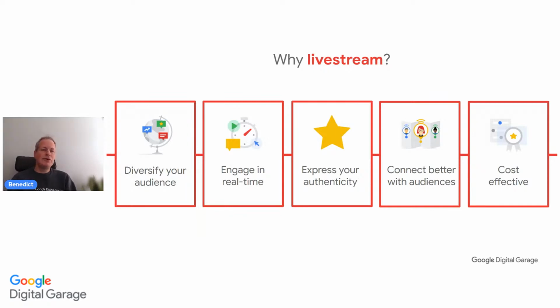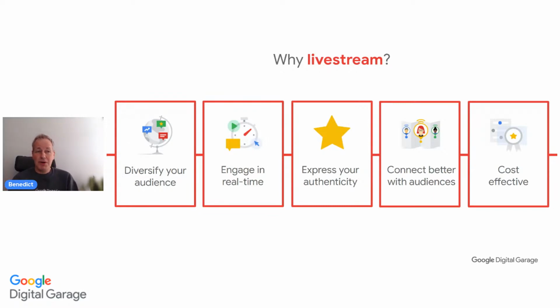The other thing is you can engage in real time, like I'm doing at the moment. You can join direct conversations with your audience and learn about their particular likes and frustrations. Live stream events give your audience a platform to engage with you and your brand in real time.